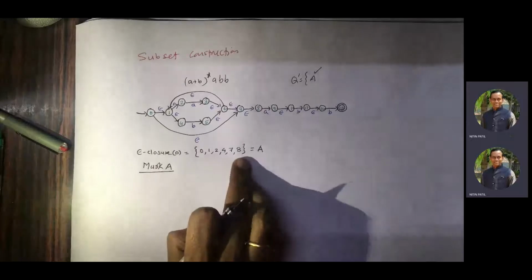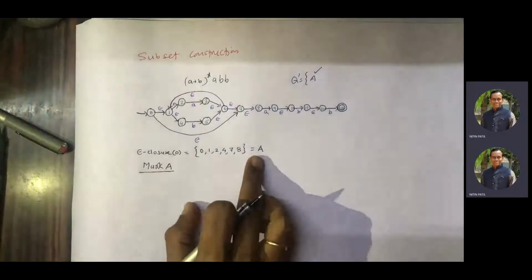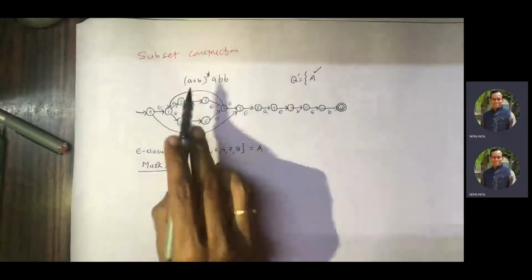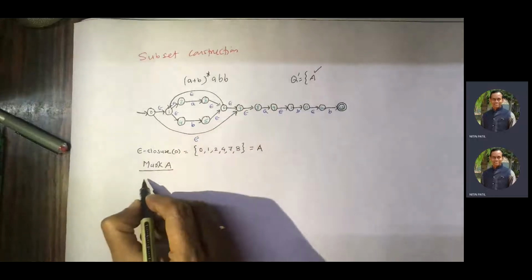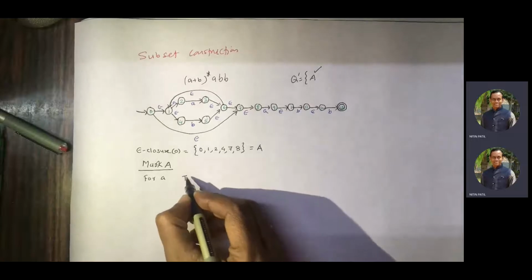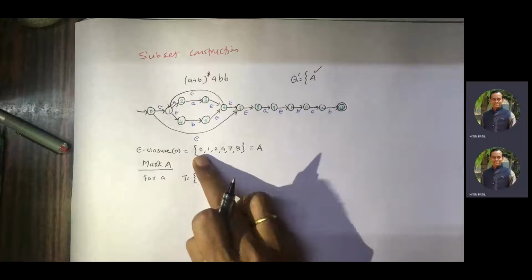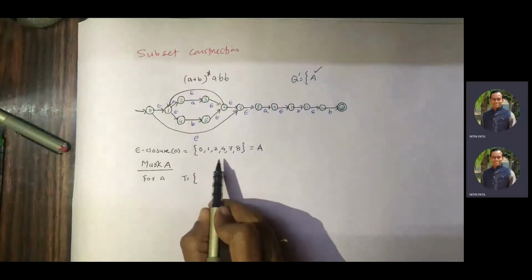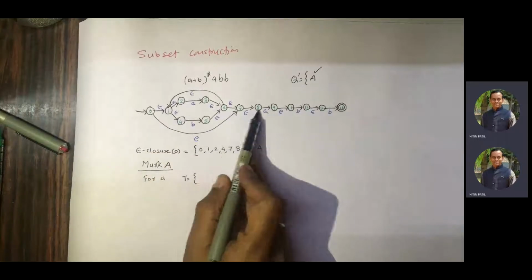Now for every state that you are going to have in this Q dash, you have to apply the method like this. How many inputs are there? For the given example, we have A and B, correct? So take each input, for A, compute T. Now how is this T to be computed? See what is there in the epsilon closure of the initial state: 0, 1, 2, 4, 7 and 8.